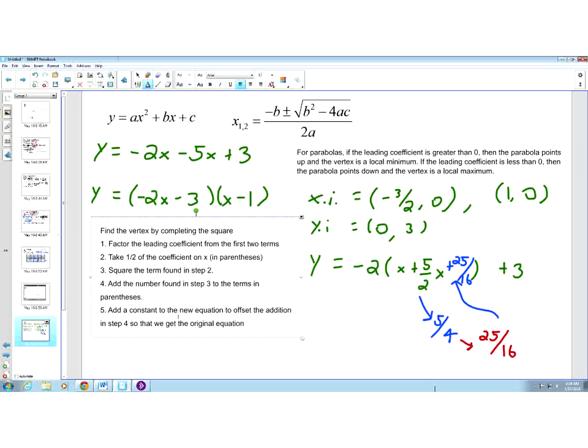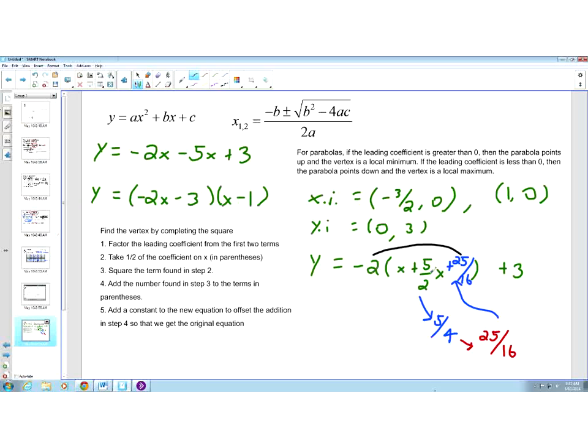All right, so here's what I mean by that. So when I added 25/16 to the content in parentheses, what I've really done is I've added -2 times 25/16. I've actually added a -50/16 because when you distribute the -2, you're actually adding -50/16 to the parabola.